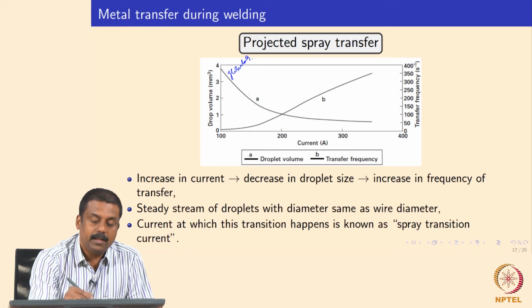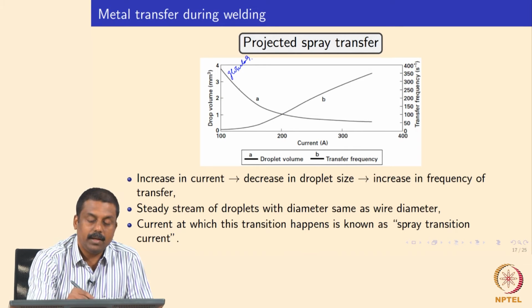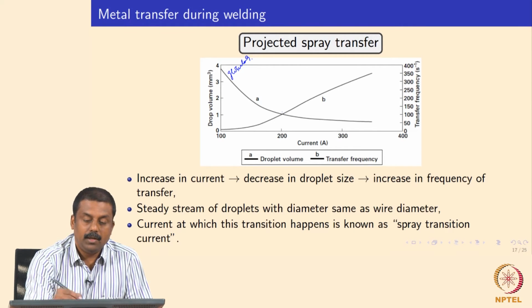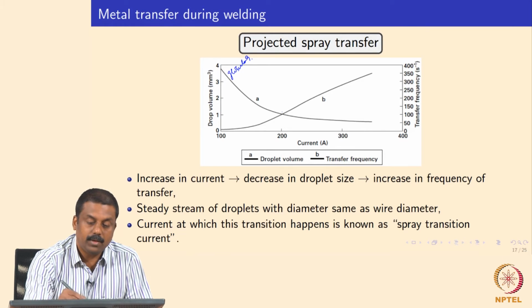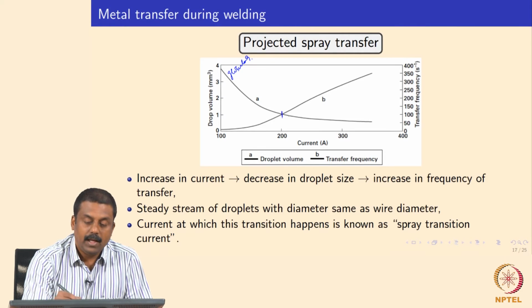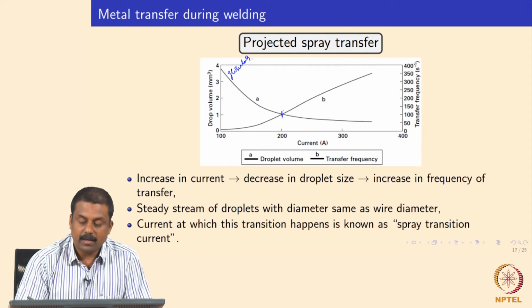And if you increase the current, obviously you can also transfer with a lower diameter because of the influence of Lorentz forces. So at a given current, you see the transfer mode change from globular or repelled globular to the spray mode, and that critical current is known as the spray transition current.